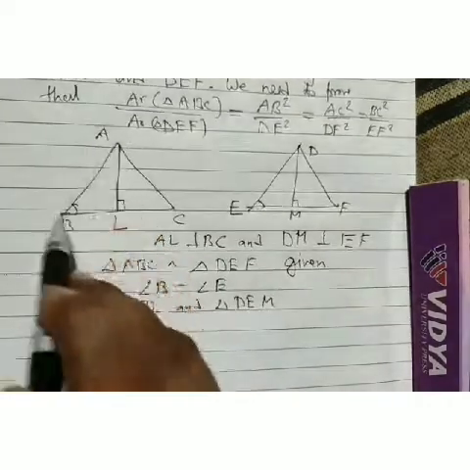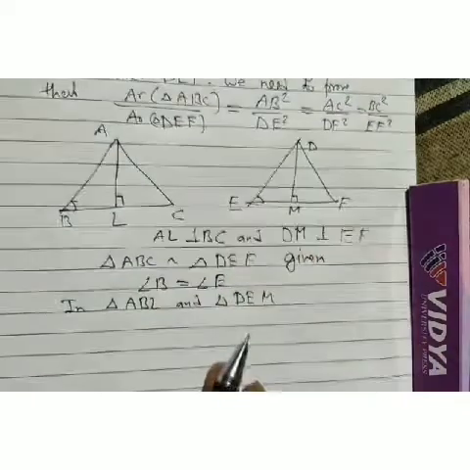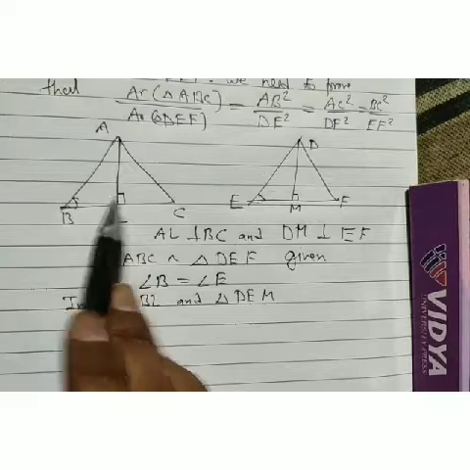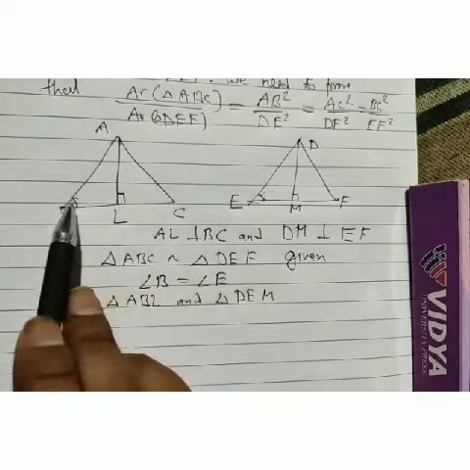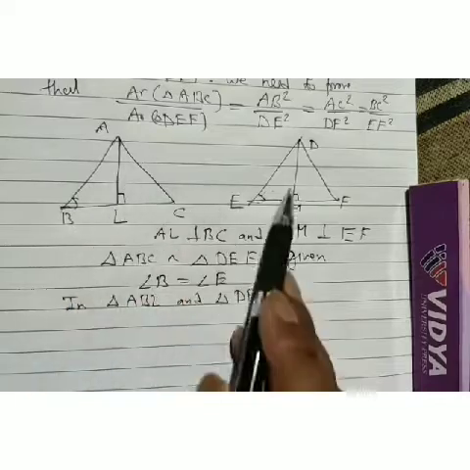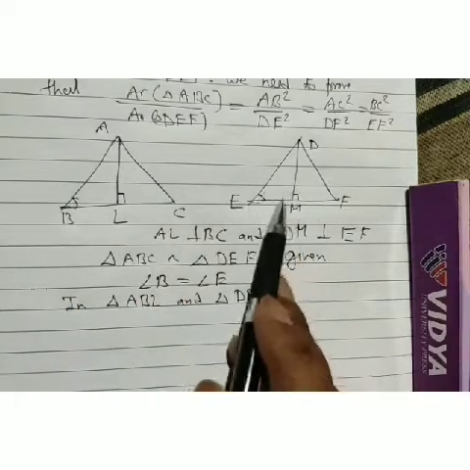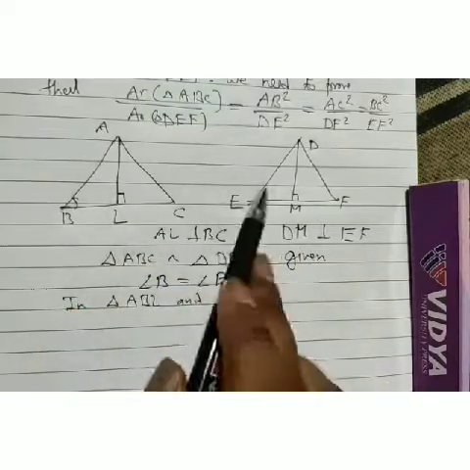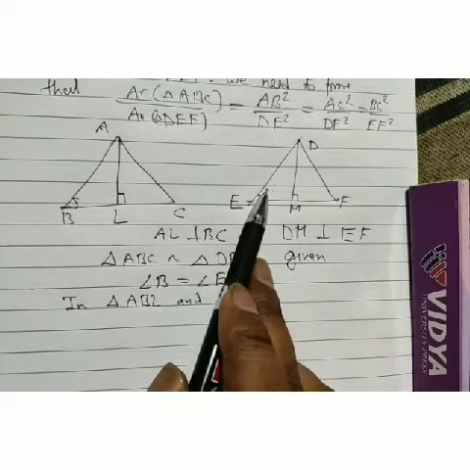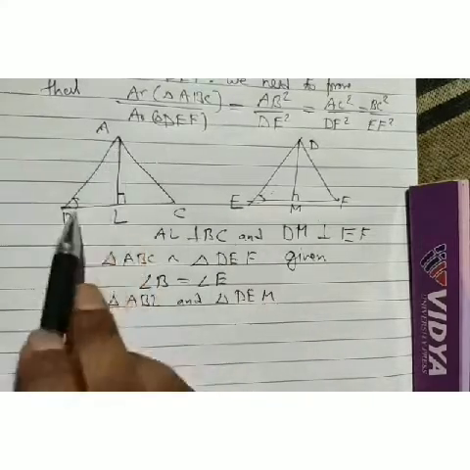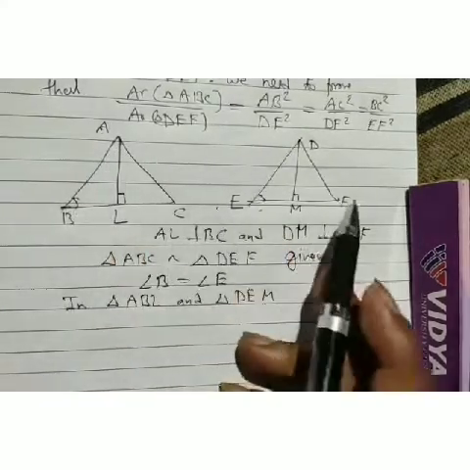We can easily show that these triangles are similar by using the angle criterion, because angle B equals angle E, and also angle BLA and angle EMD are both 90 degrees. Since two angles are equal in these two triangles, we can apply the angle similarity criterion.